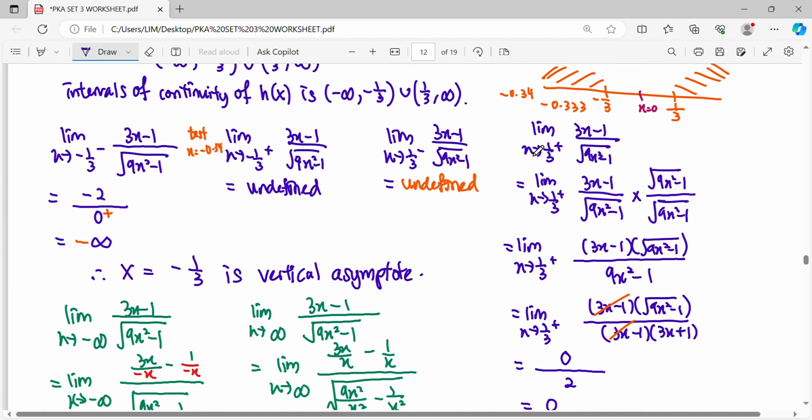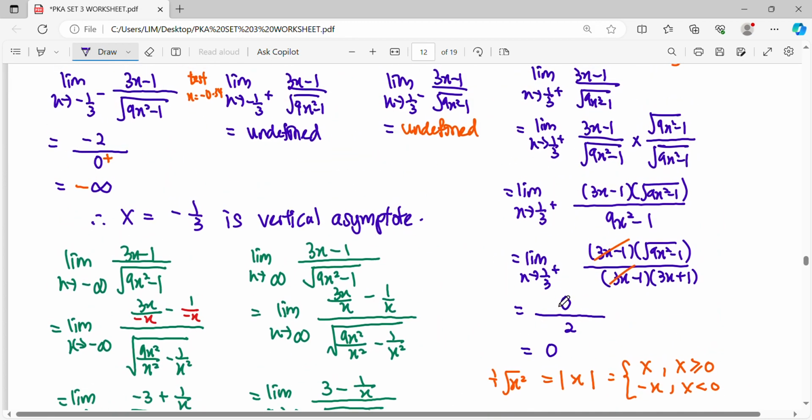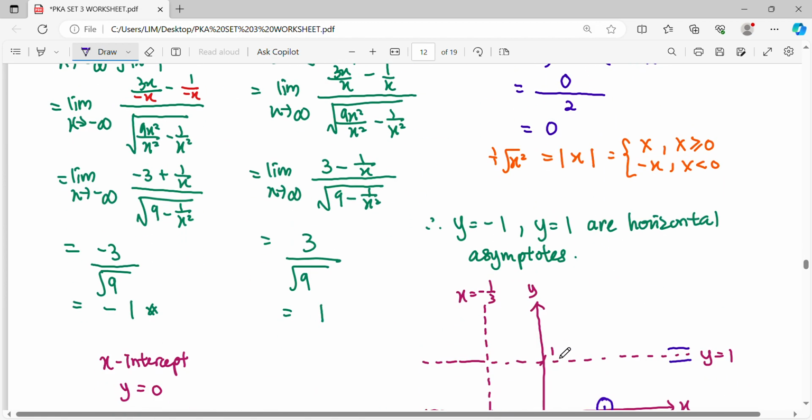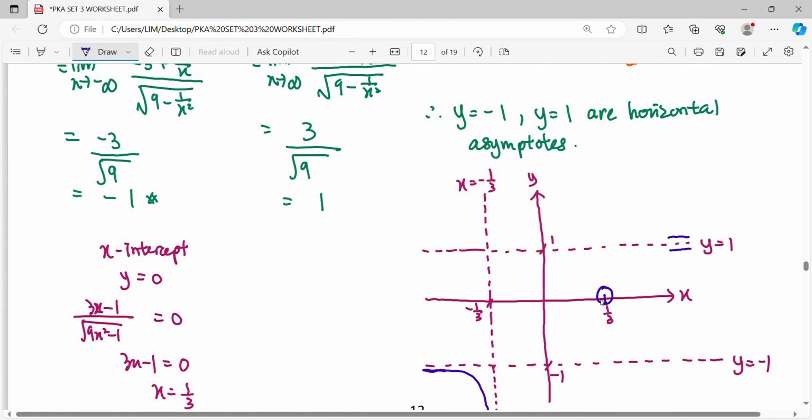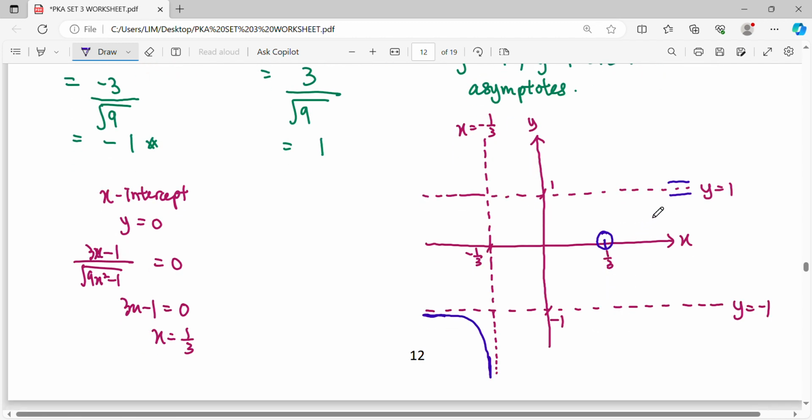When your limit x approaches 1 over 3 from the right hand side, where does the graph go? The graph goes to 0. So exactly at this point, nearly 0, but not included.